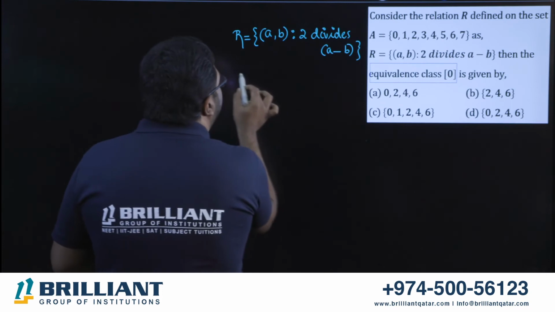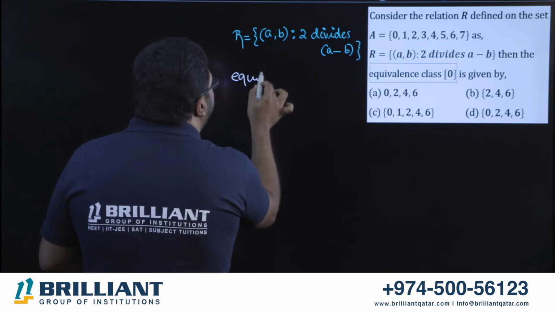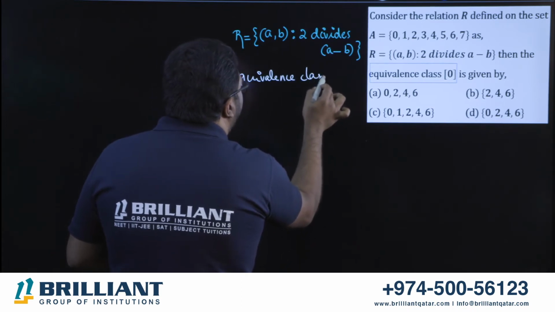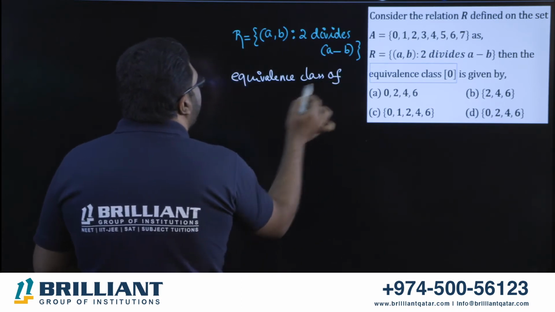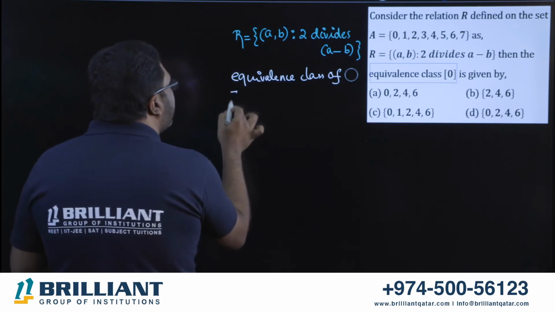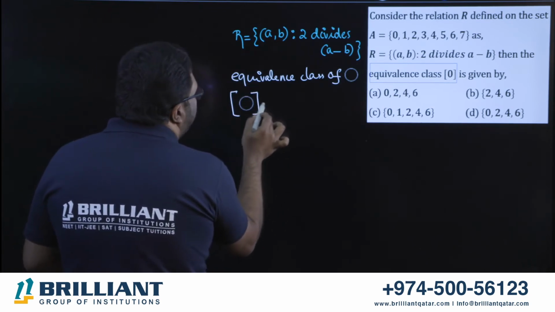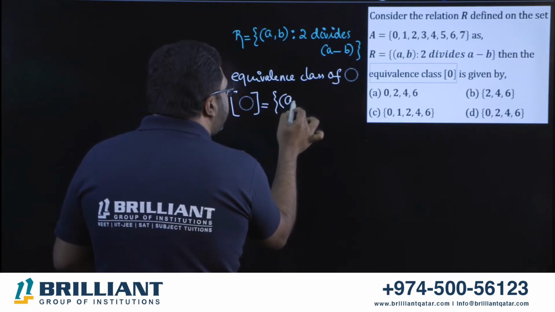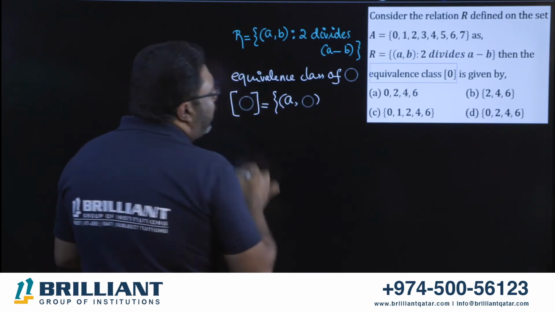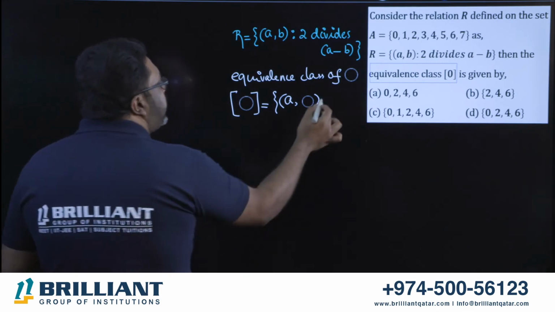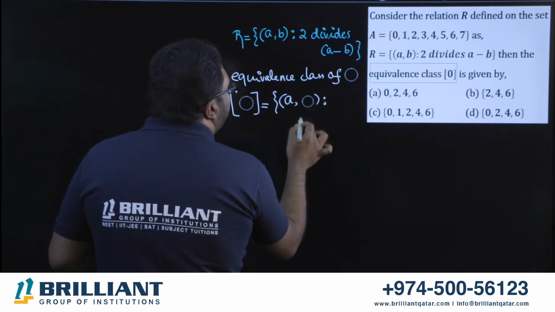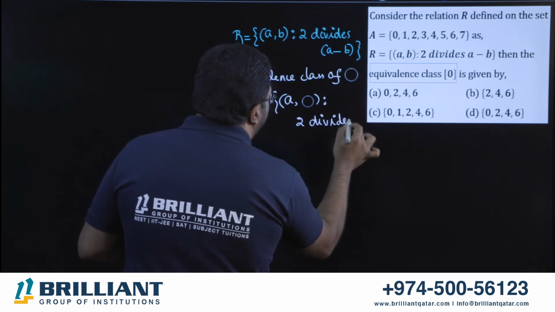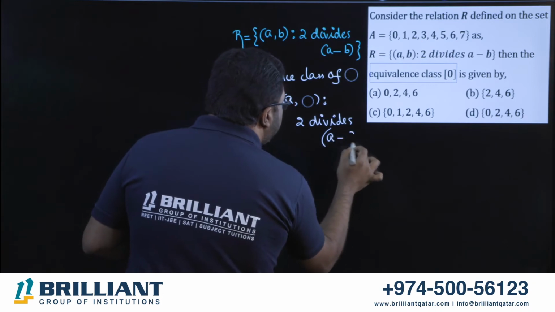What is meant by equivalence class? It's very easy to do this. The equivalence class of 0 is given by [0], which is equal to all the ordered pairs (a, 0) such that 2 divides a minus 0.